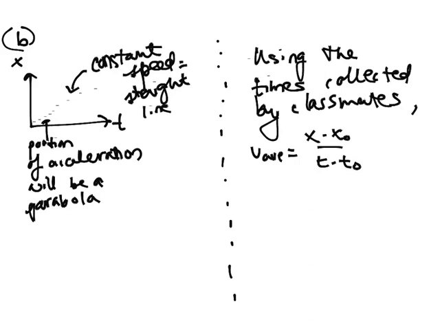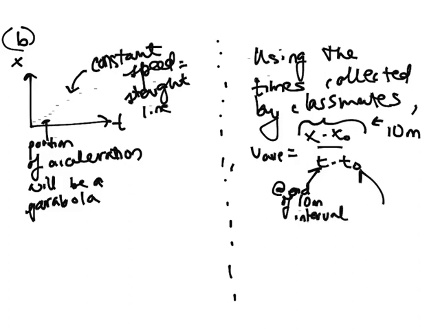In all cases, for each interval, x minus x naught will be 10 meters, and then for t minus t naught, the average for an interval will be the time at the end of the 10-meter interval minus the time at the beginning of the 10-meter interval.